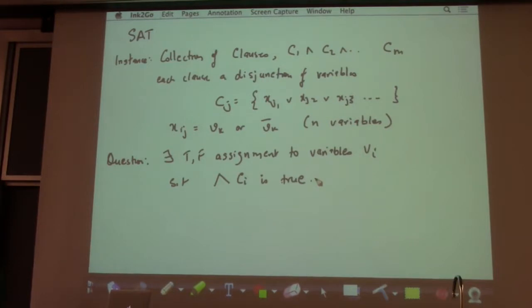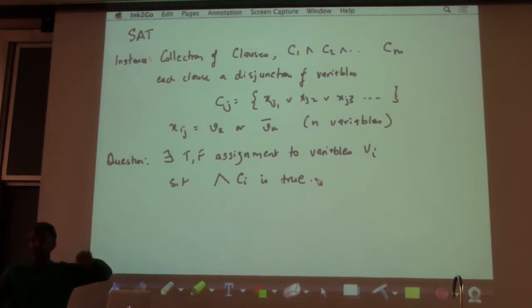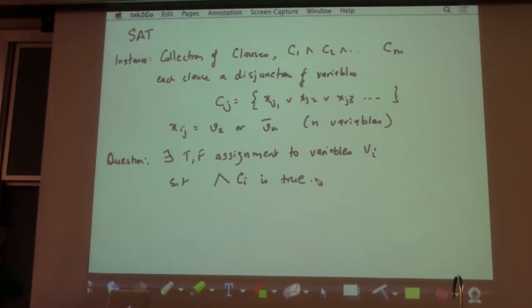SAT is also in NP because if I give you a true false assignment, you can quickly scan all the clauses and make sure in linear time that in fact each of the clauses is true. Okay, all right. So SAT is NP complete.